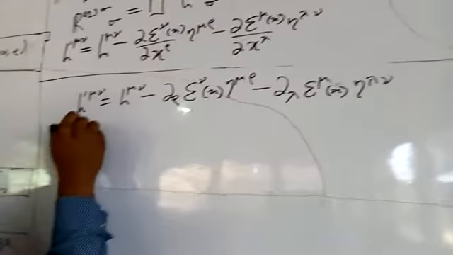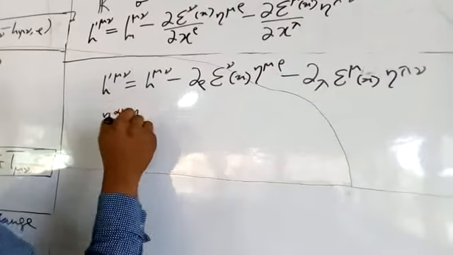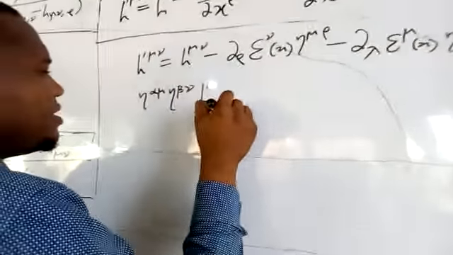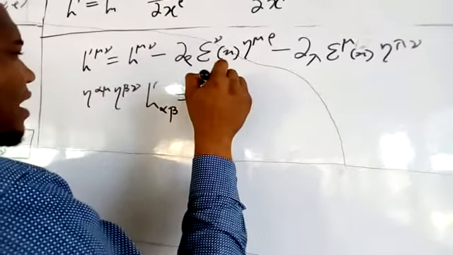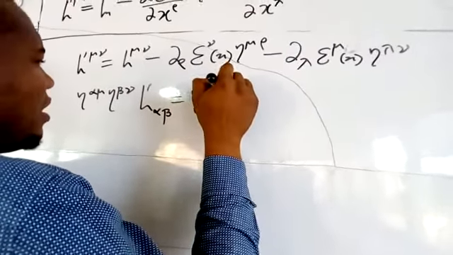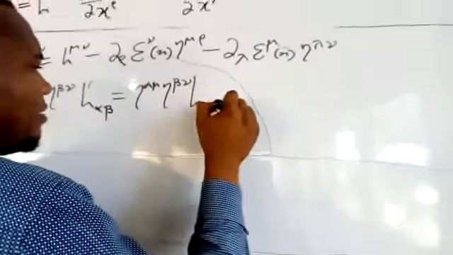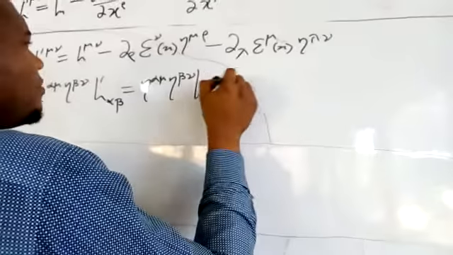So what I had before, alpha mu, beta nu, h prime alpha beta, then again alpha mu and then beta nu, h here again alpha beta, and then here I'm going to have again.